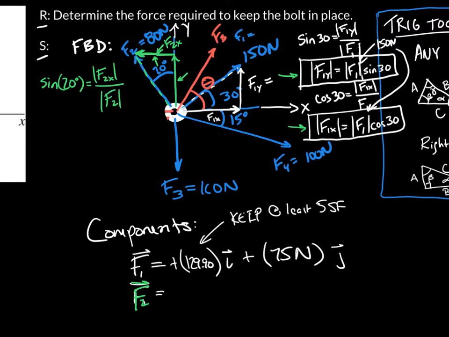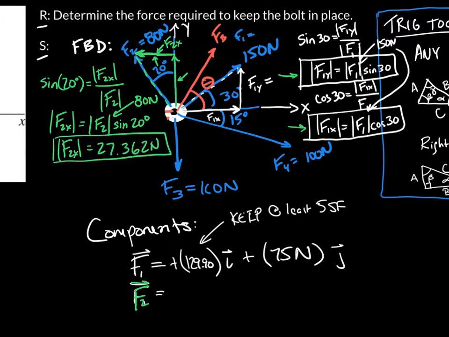So if we rearrange that, I get the magnitude of F2x equals the magnitude of F2 times the sine of 20. If I plug in 80 newtons right here, I get F2x equals 26.362 newtons.